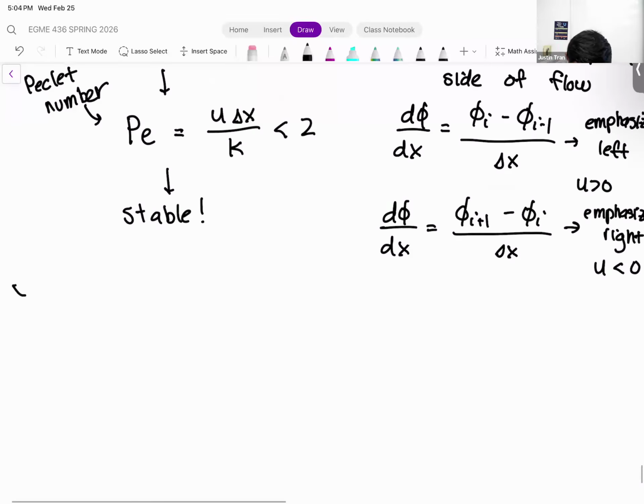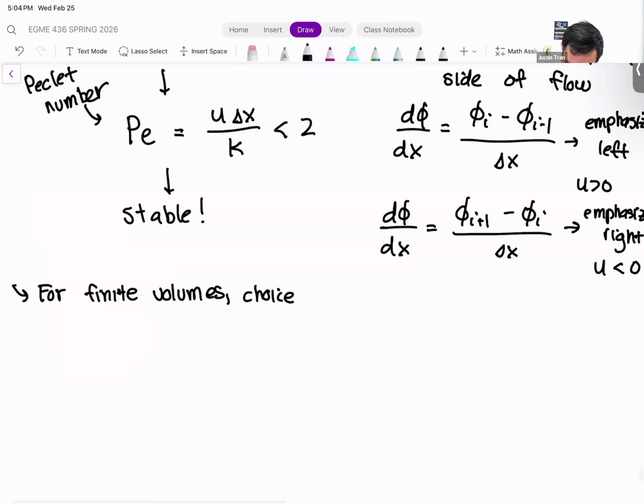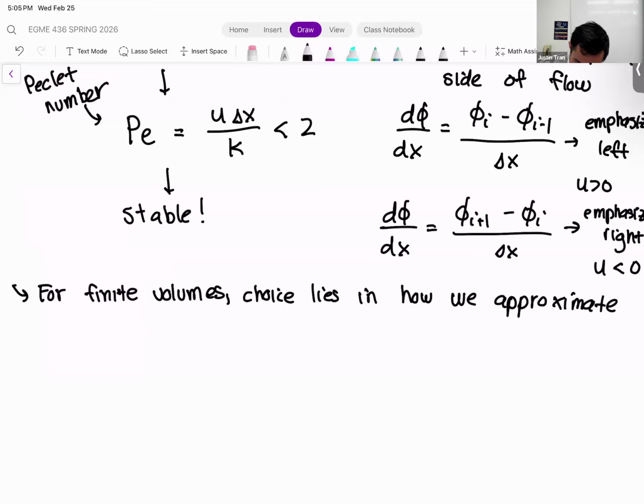Right, so for finite volumes, the choice lies in how we choose to approximate that.